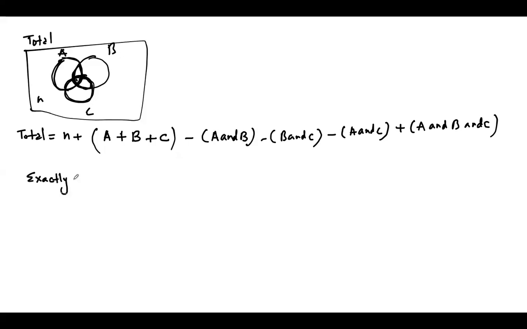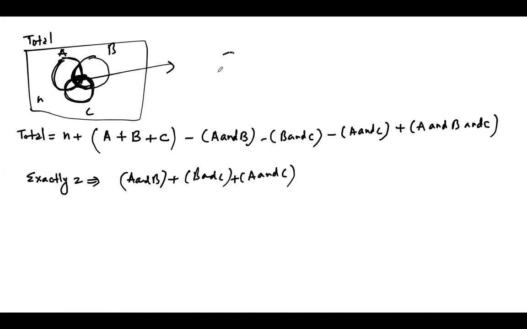Yes, sir. So let's say if I were to write exactly 2, how will I write exactly 2? A and B plus B and C plus A and C. In doing so, how many times do you want this region?